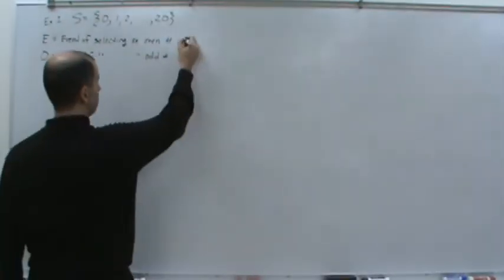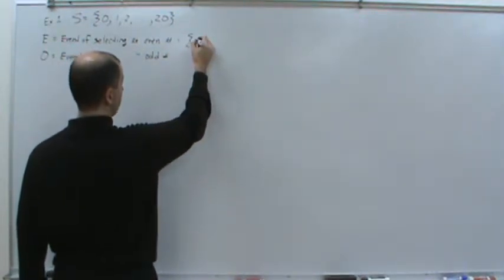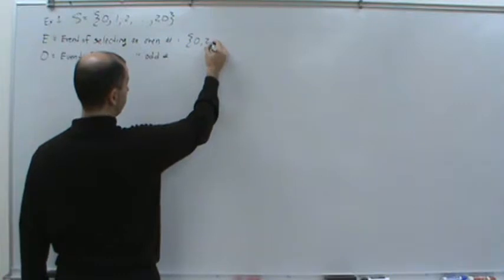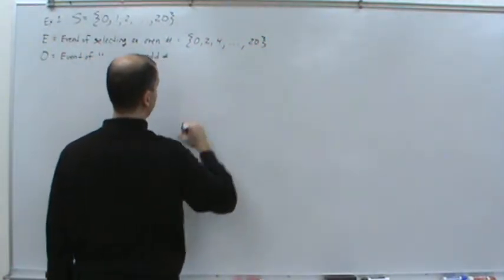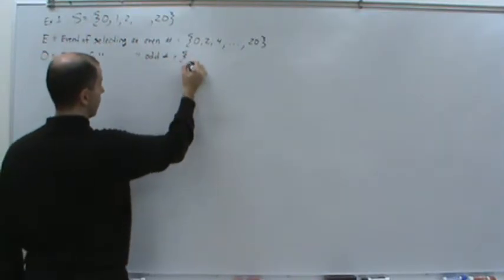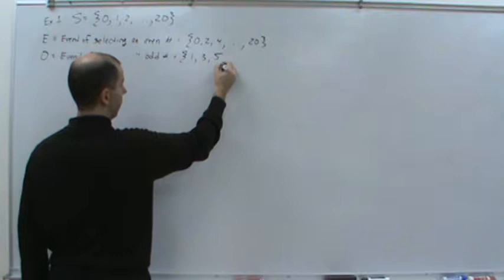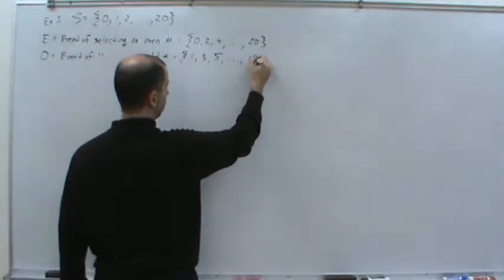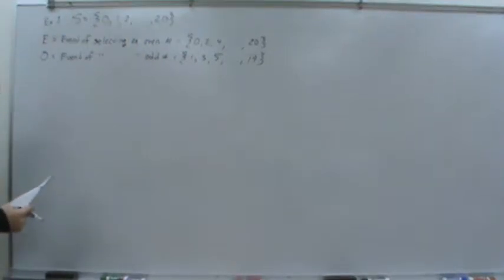So in other words, E is going to be the set of numbers 0, 2, 4, all the way to 20. And O is going to be the set of all the numbers including 1, 3, 5, all the way to 19.